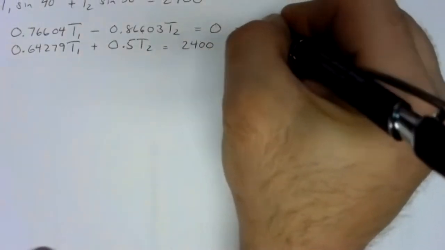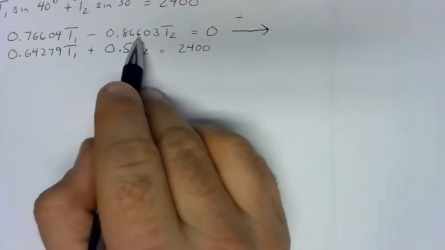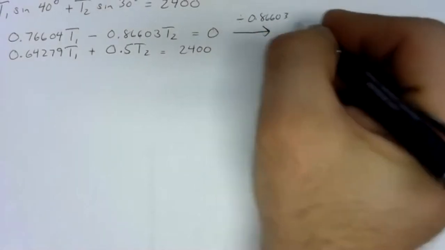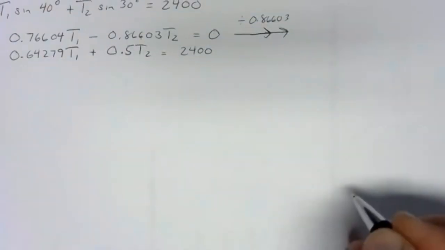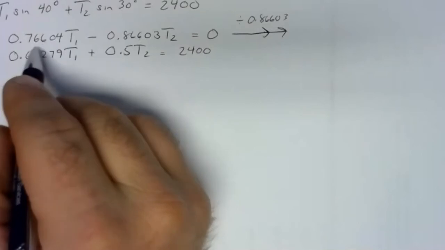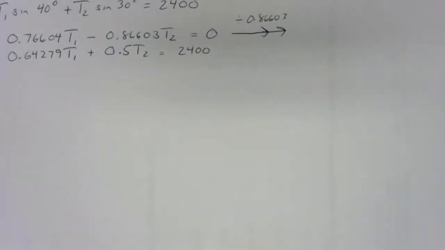If I take my first equation and divide it through by 0.86603, so divide each term by that, I'm still going to have an ugly number out in front here. 0.76604 divided by 0.86603 gives me 0.88454.